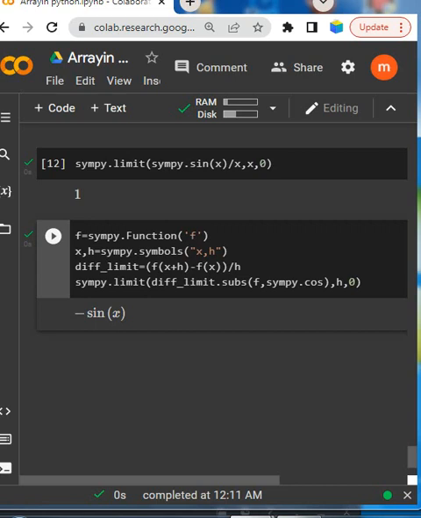Similarly, if I write the difference limit substituting f with sympy dot sin, it has been printed as cos x. So let's try here.